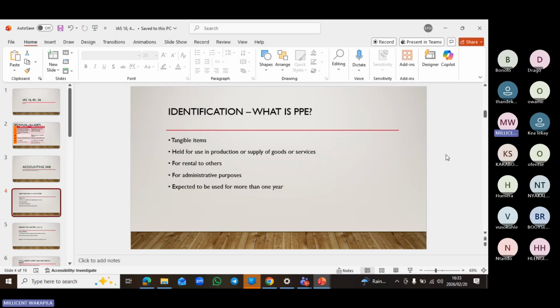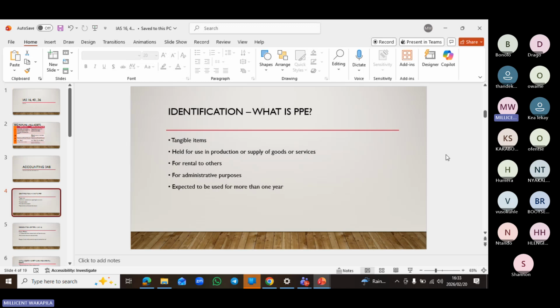Also, if they have a building that they are using for administrative purposes, we are talking about the HR department. We are talking about the finance department. We are talking about the different departments that are not directly involved in the production of goods or services.